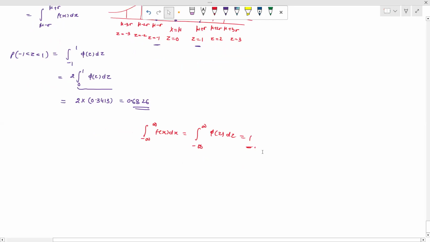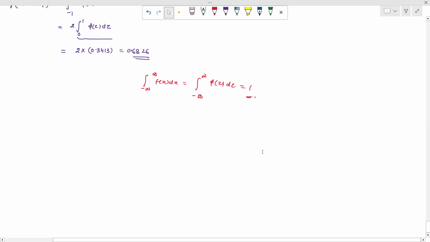Now, we start the problems based on normal distribution. So first we take the simple problems. So that means we start question number 1.